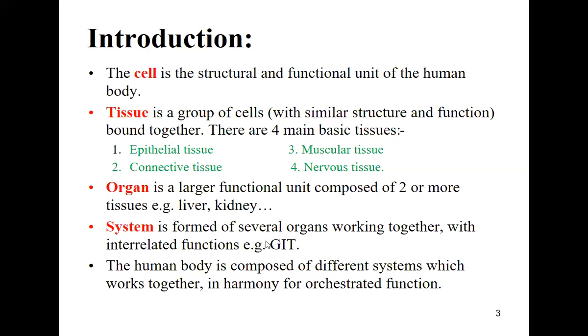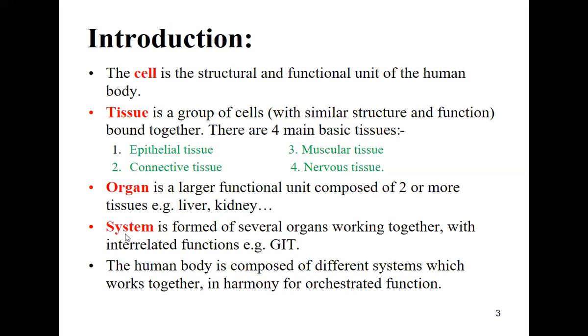The esophagus belongs to this, and the anal canal belongs to this. So when many organs come together, they form something called a system. This is called the gastrointestinal system, or gastrointestinal tract, GIT. This is the same system.